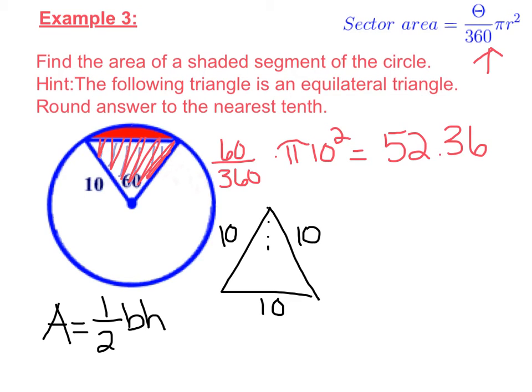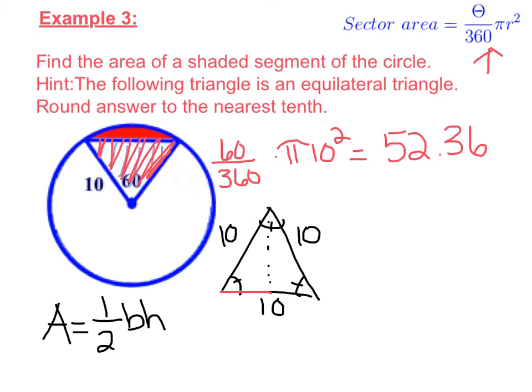The height is right down the middle. Okay, we know the angles are all equal to 60. Okay, you could do one or two things. You can use a trig function, or you can use Pythagorean theorem. I'm just going to use Pythagorean theorem.